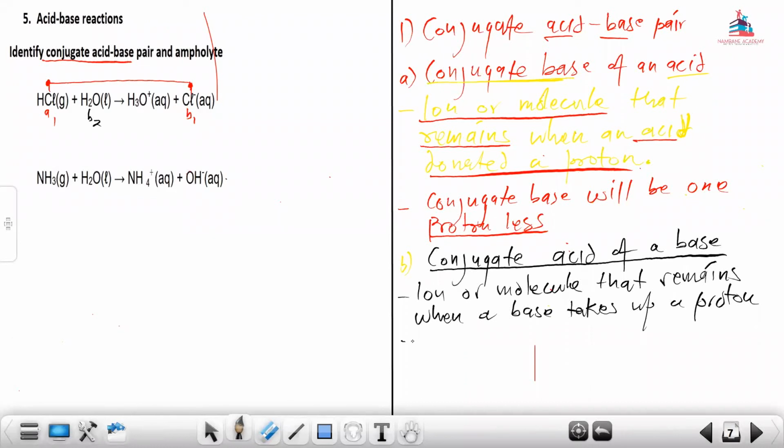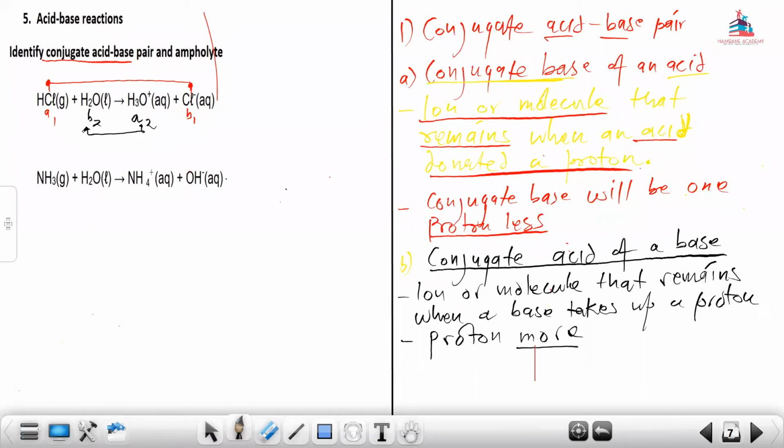I can say here it should be one proton more. And the one which has one proton more is definitely this one here, which must be my acid number 2. So these are my conjugate acid base pair.